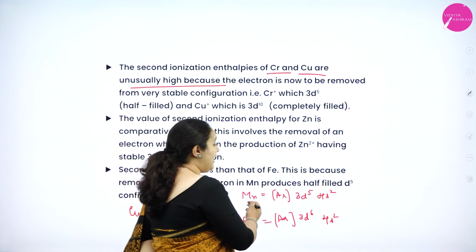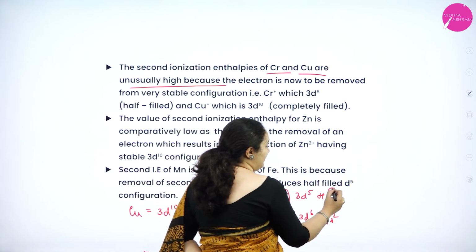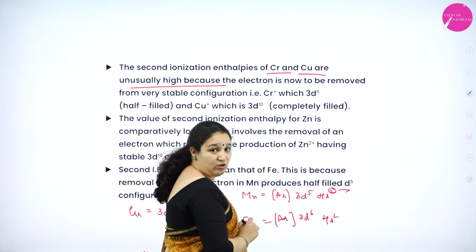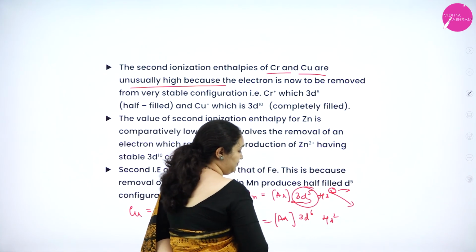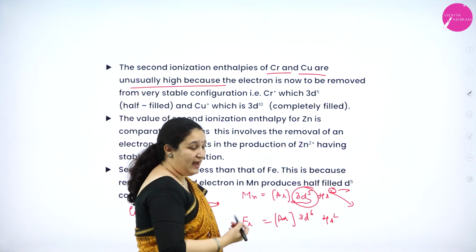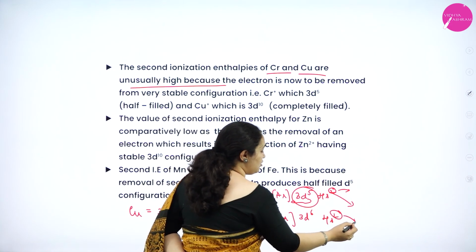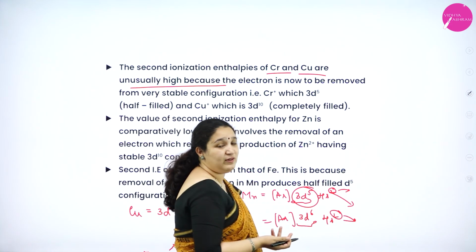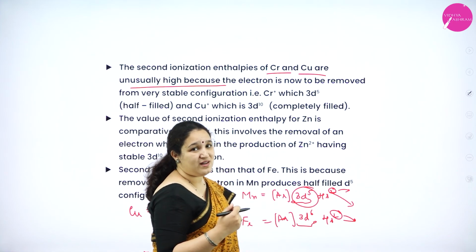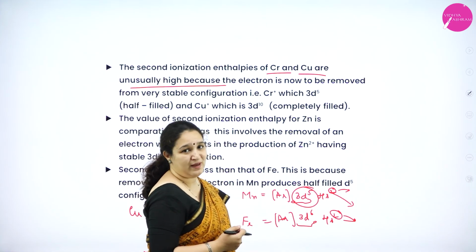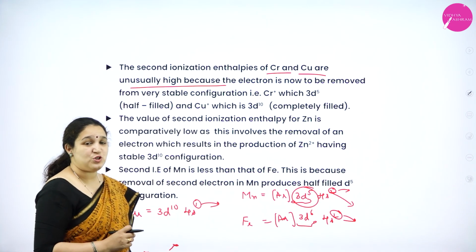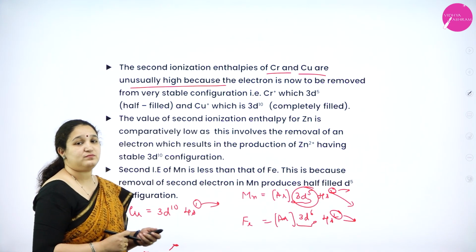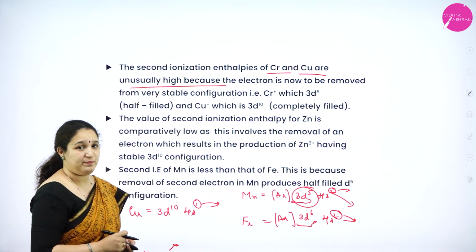See, manganese after losing one electron has only one more electron in 4s. So, if it loses that one more electron, it gets a half-filled orbital. But unlike that, iron, even if it loses 2 electrons, is still not getting a half-filled orbital. So, it has a high ionization enthalpy compared to that of manganese. Okay. So, that's about the exceptions which you need to remember in ionization enthalpy.